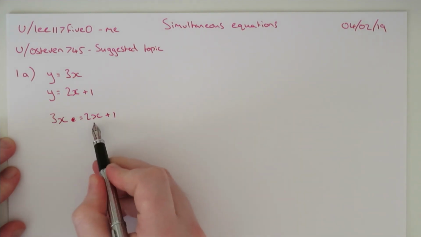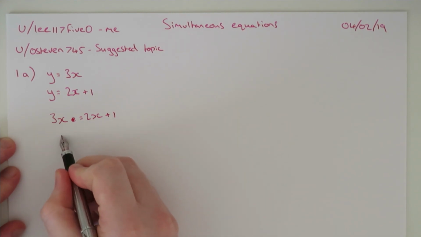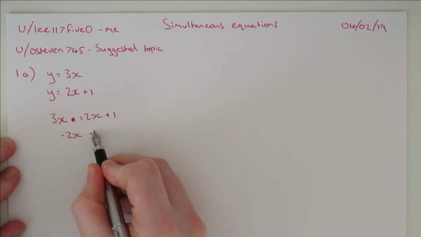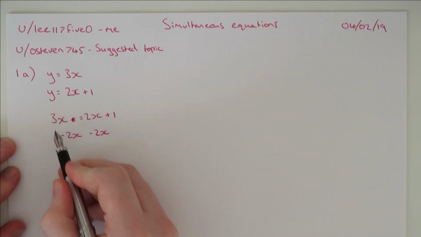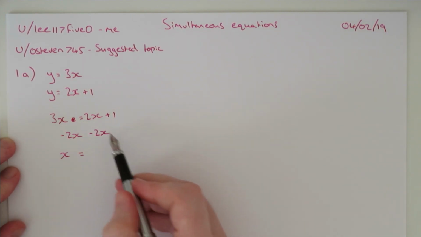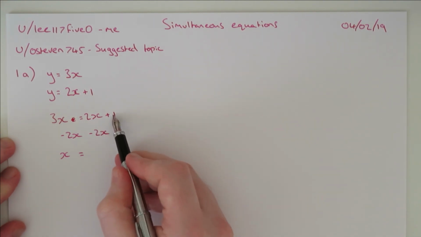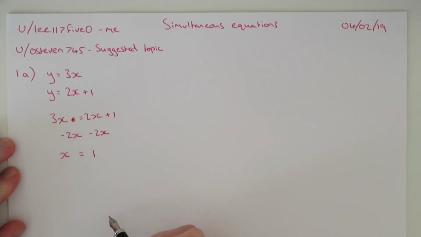So when you've got this here, it's best to subtract 2x off both sides. Here that will leave you with 3x minus 2x is x. Here 2x minus 2x is nothing, of course, and you'll just have 1.